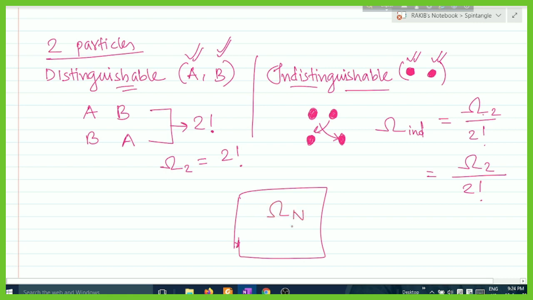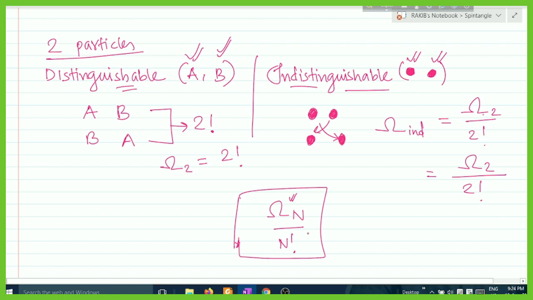This is the number of microstates in case of distinguishable particles, and you have to divide this by n factorial. Why is this division? Because indistinguishable particles create no other microstates.